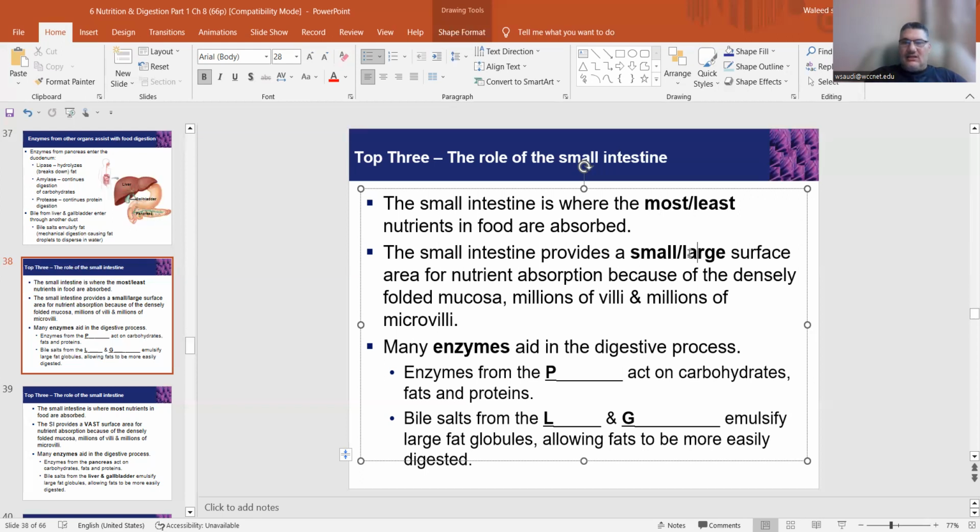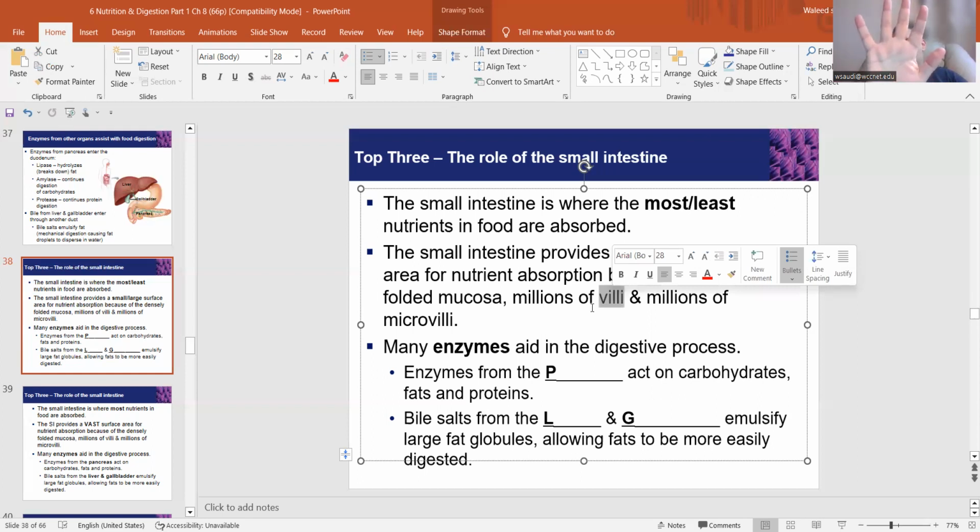Small intestine has a large surface area. Did you tell us about that? Yes, I told you we have villi, like finger-like projections. Look at my fingers. If I have this, this is the only surface right here. This is small surface area. Look at this. All of this, surface area.